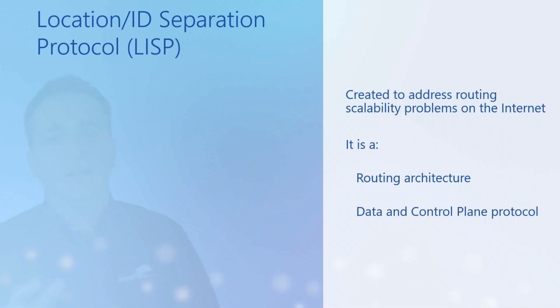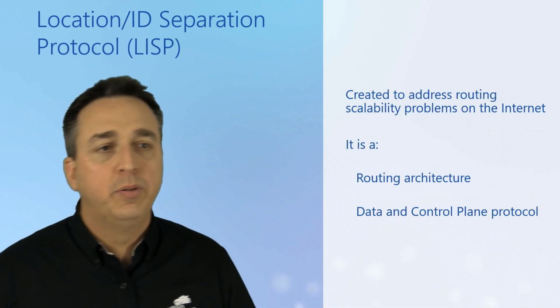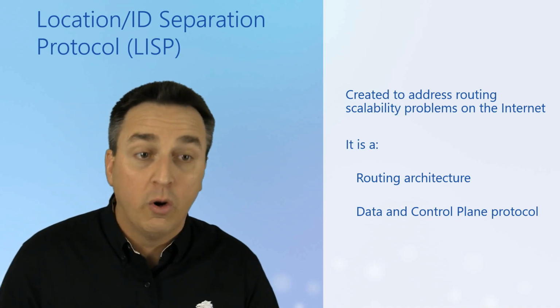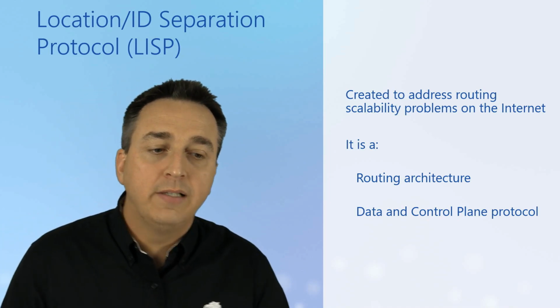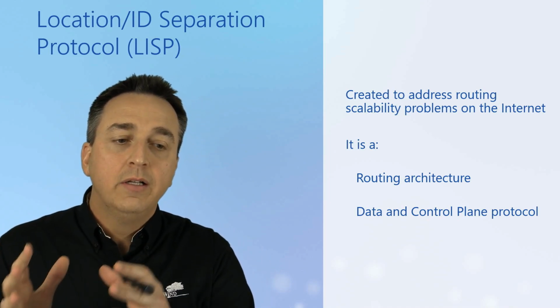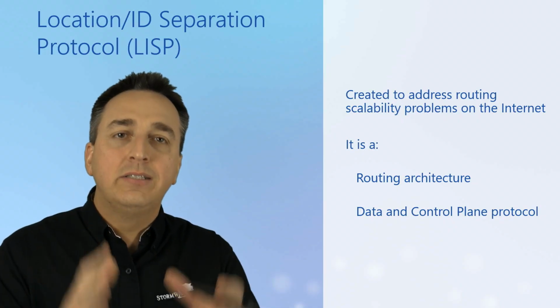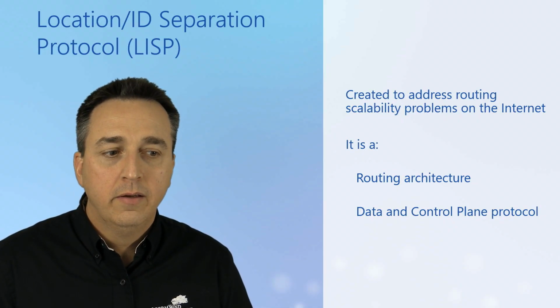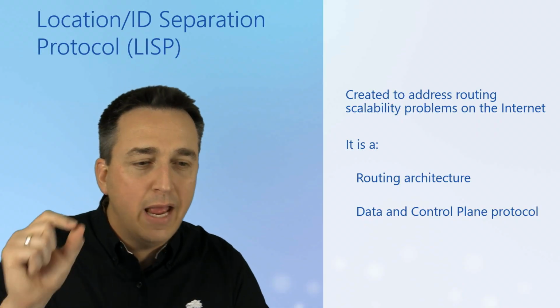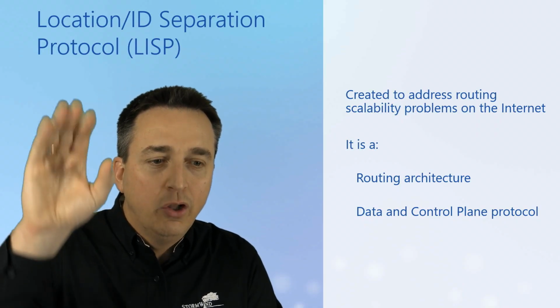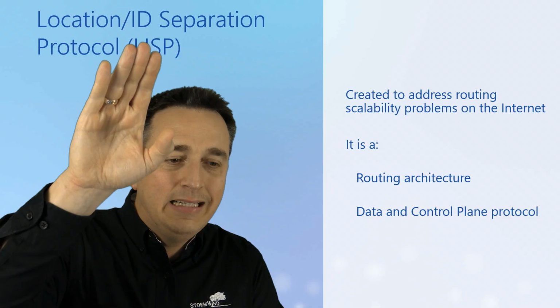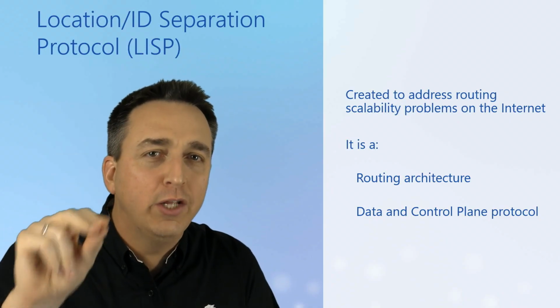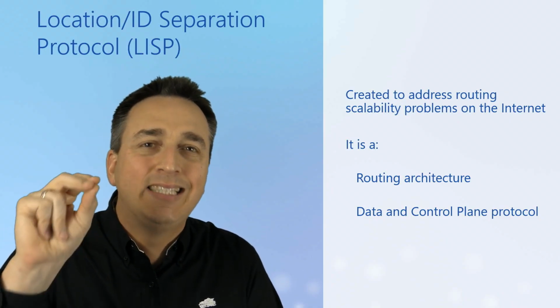So first of all, what is LISP? Okay, so LISP is a protocol that stands for Location/ID Separation Protocol. Think about its name for just a second. Location/ID Separation Protocol. What do you think this protocol is about?